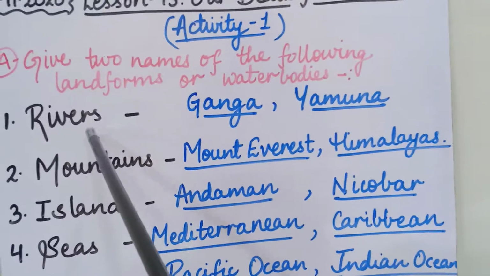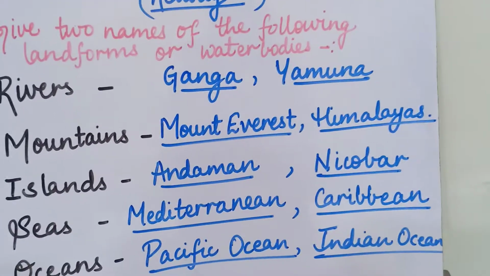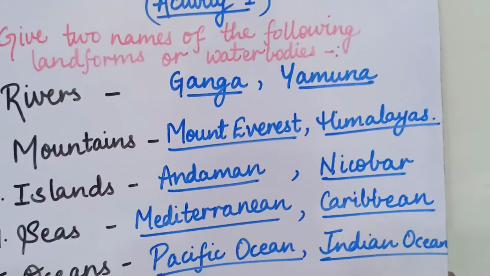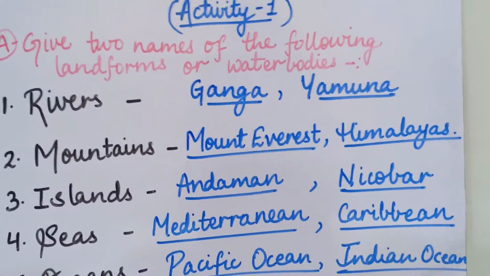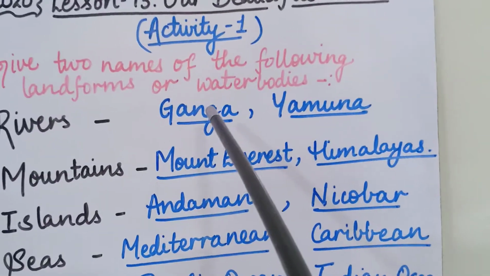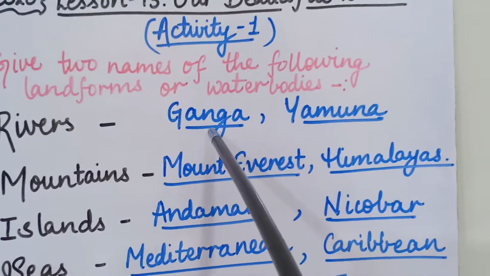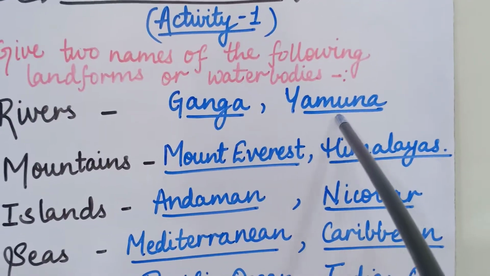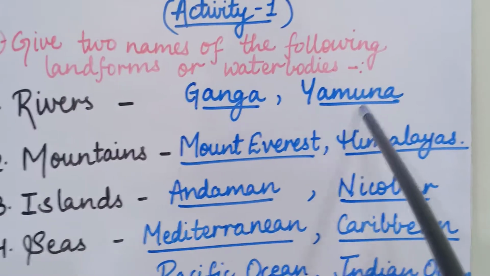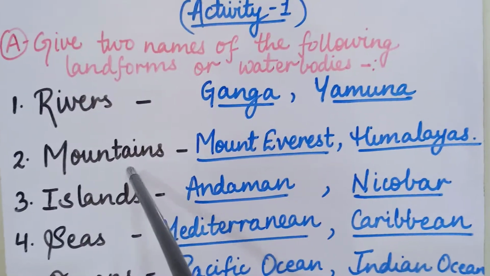If I am asking you to write rivers, you can write Ganga, Yamuna, Saraswati, Satluj, any name of a river you feel is easier. So the first river name is Ganga and the second river name is Yamuna.